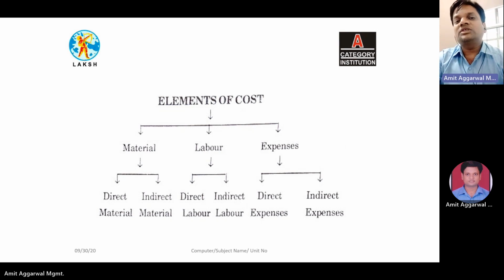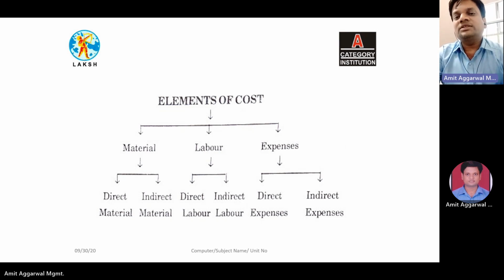With the help of this slide, you can see one important diagram I have framed on this PPT, which shows clearly how the elements of cost are a summation of these three costs: material, labor, and other expenses.